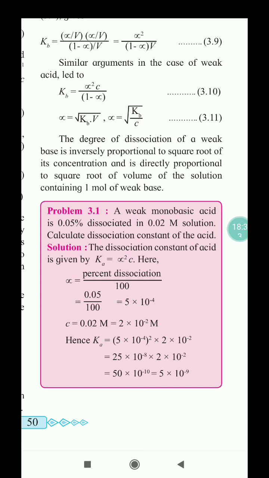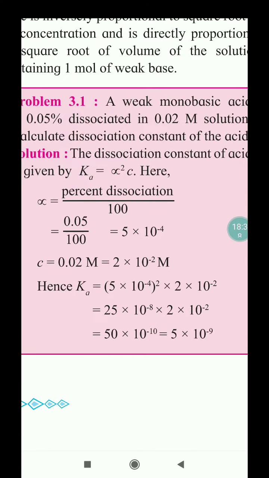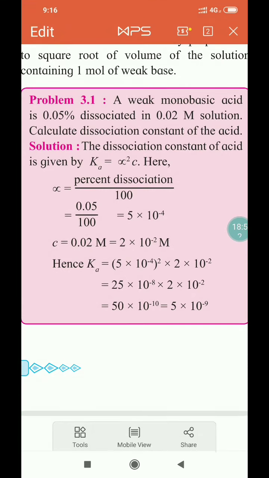Consider this solved problem. A weak monobasic acid is 0.05% dissociated in 0.02 molar solution. Calculate the dissociation constant of the acid. Simple problem. Alpha is given here, percentage alpha is equal to 0.05.